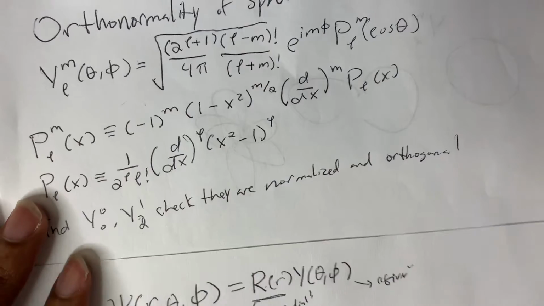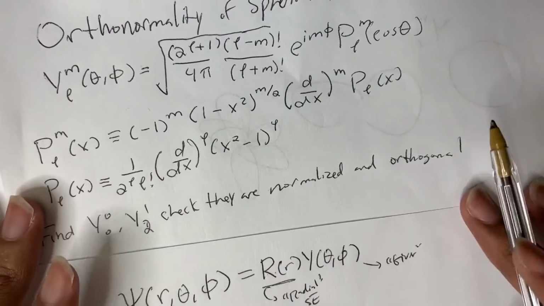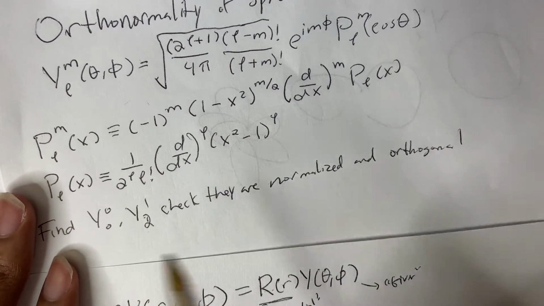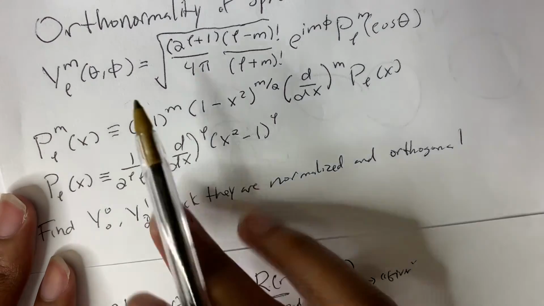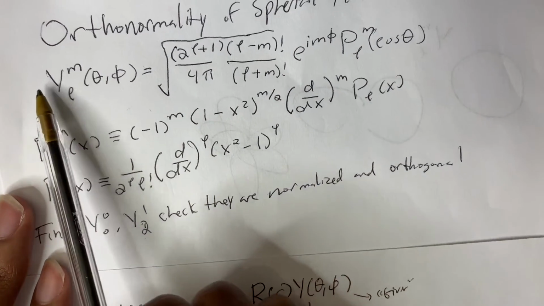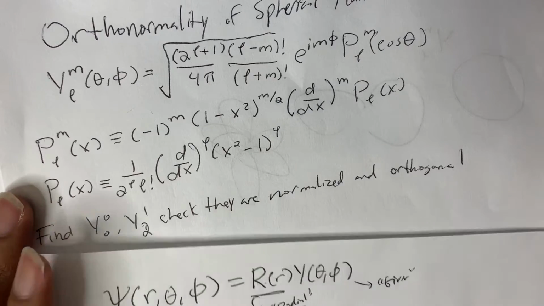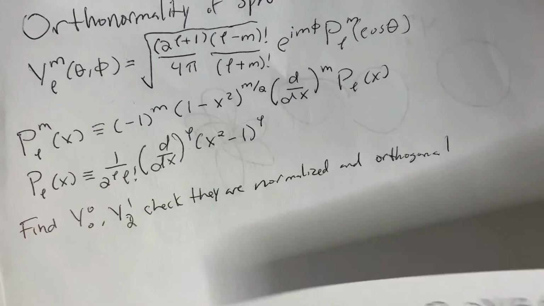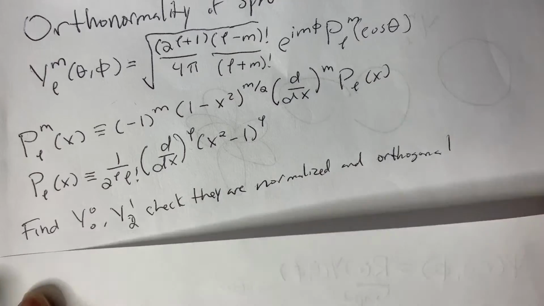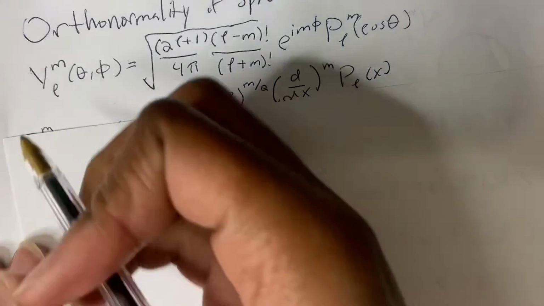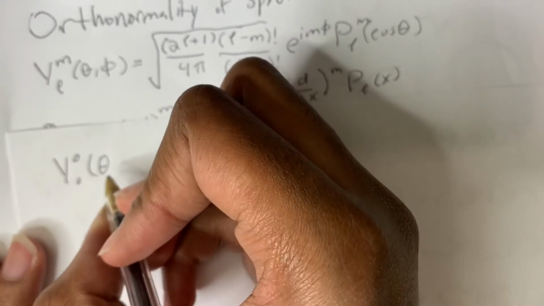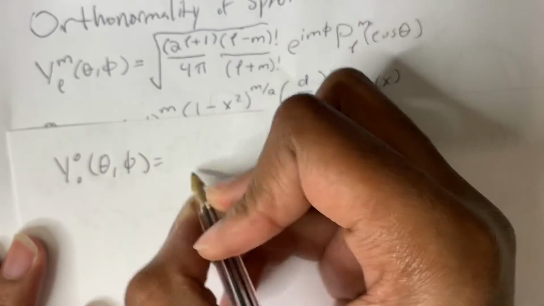Let's solve it. So what we do to solve this problem is we first solve for Y naught naught. So here's the formula for our general spherical harmonic, and we just plug in m equals 0 and l equals 0 to this. So let's do that. Y naught naught of theta, phi is going to equal the square root. Well, l is 0, right?